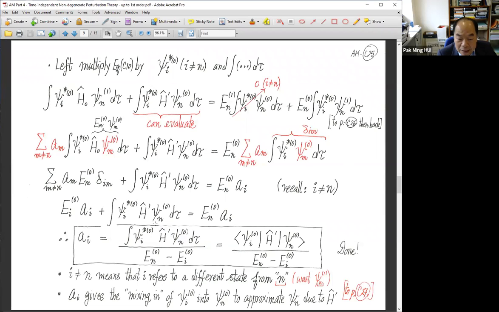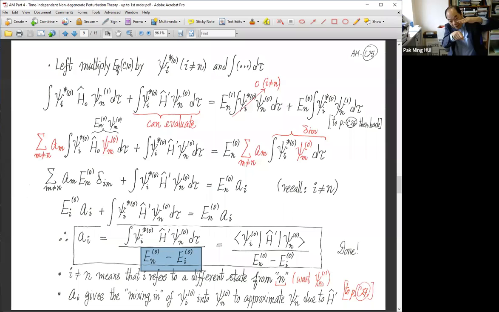It is an energy, Hamiltonian is an energy, so this integration will give you some energy, all right? And the denominator is a difference in energy, okay? Now, pay attention. I'm asking for the nth state.